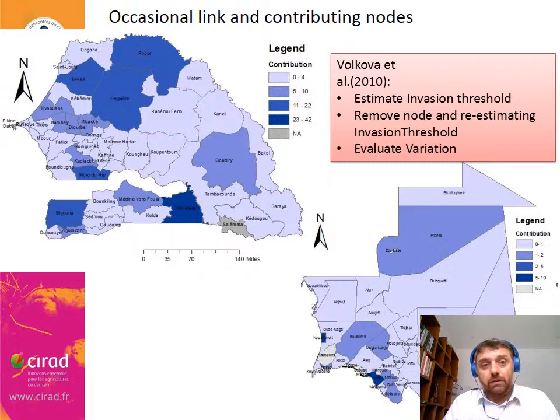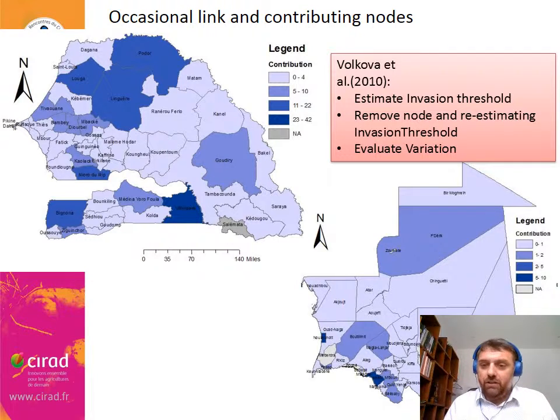And we found that in Senegal, Ferlo in the north and the area of Vélingara are the most important points in terms of diffusion. While in Mauritania, there is this area at the border with Mali and Senegal that is the most important one for the diffusion of the disease.